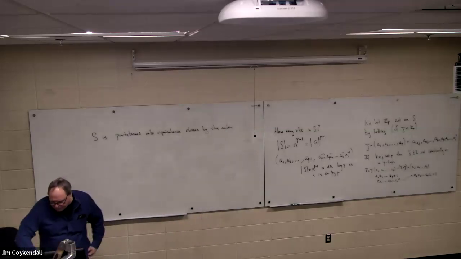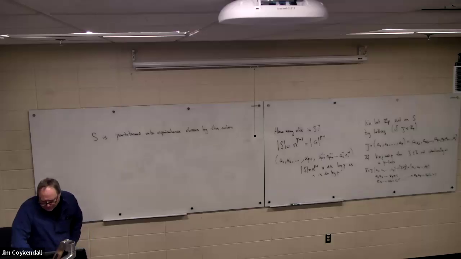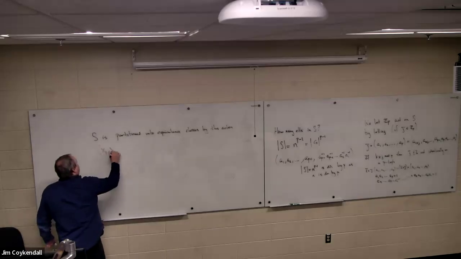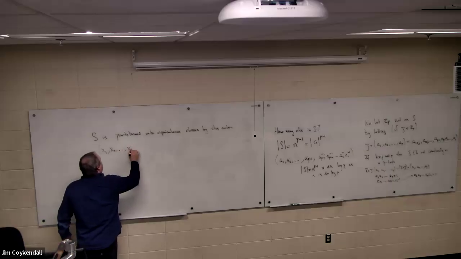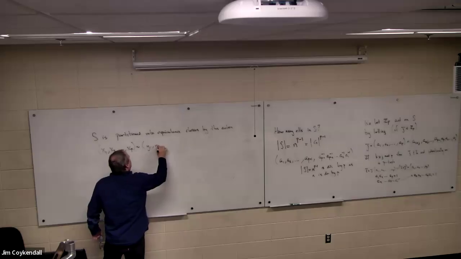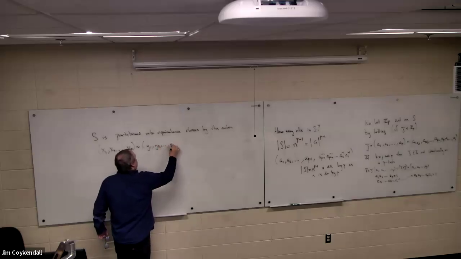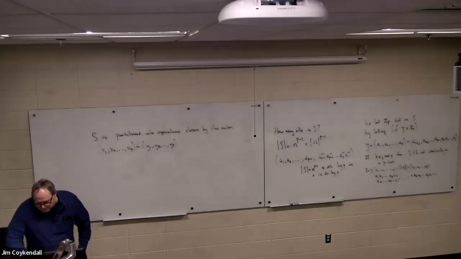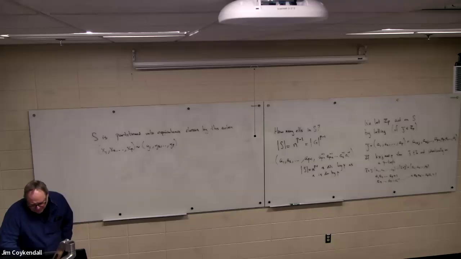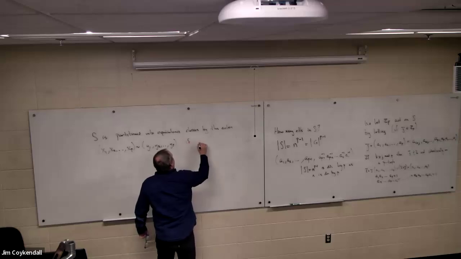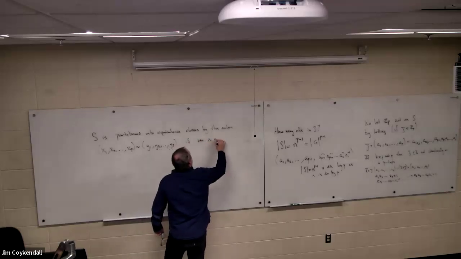And the equivalence relation is just if one thing is a shift of another. So we will declare (X1, X2, ..., XP) is related to (Y1, Y2, ..., YP) if one of them is a shift of the other.